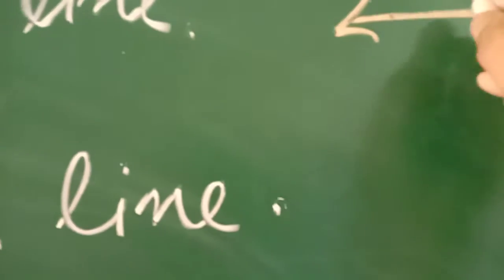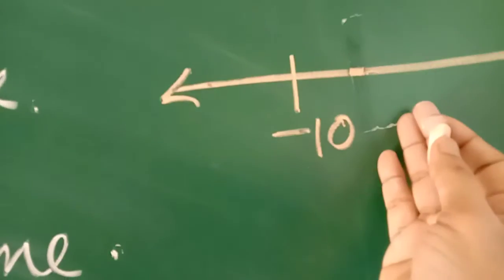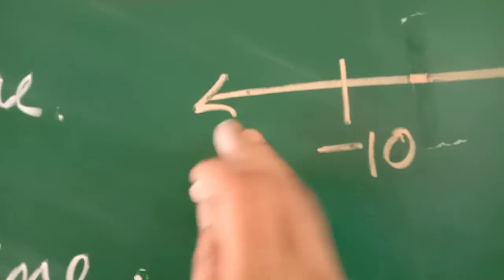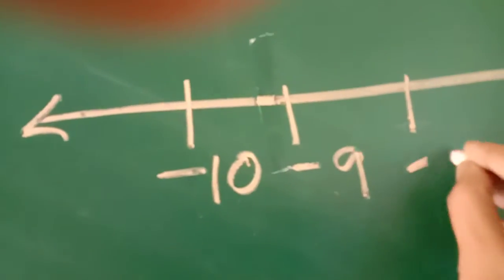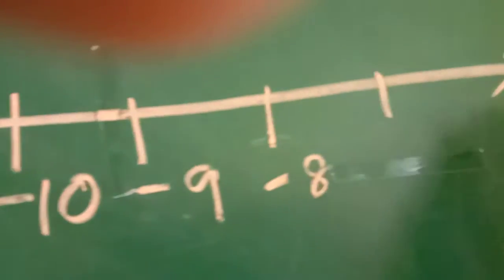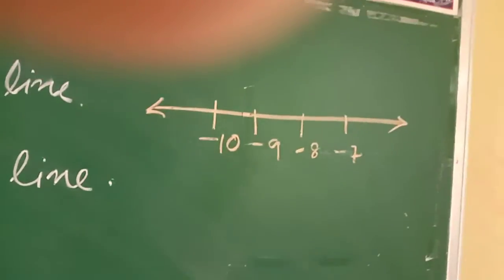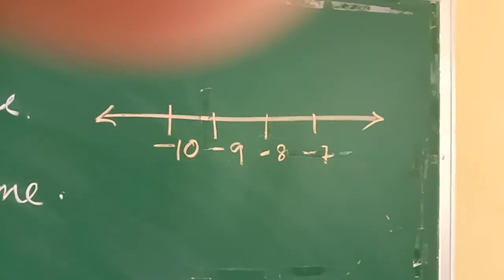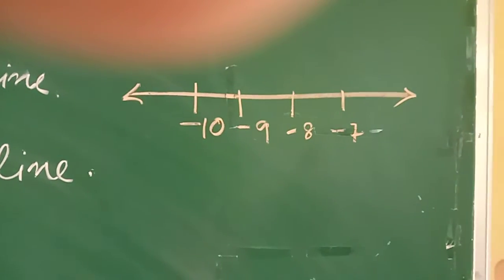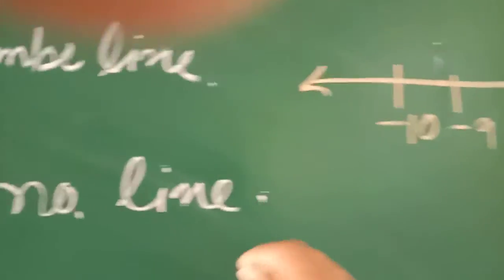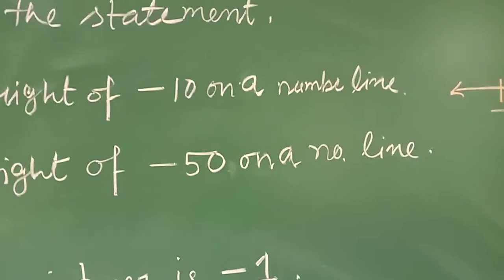Let's check. Say it is minus 10. On the right side it will be minus 9, or on the left side it will be minus 11. You know that minus 9, minus 8, in this way it will go to 0. You know that minus 7, minus 6, minus 5, minus 4, minus 3, minus 2, minus 1, 0. On the right side it will go in this way. So the question was: minus 8 is to the right of minus 10 on a number line.